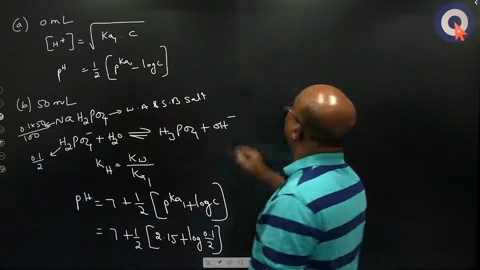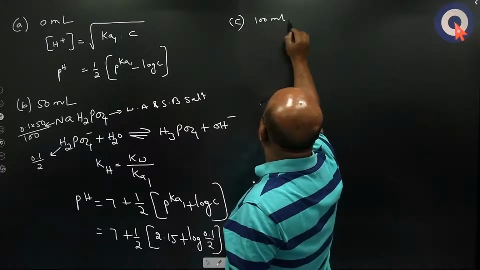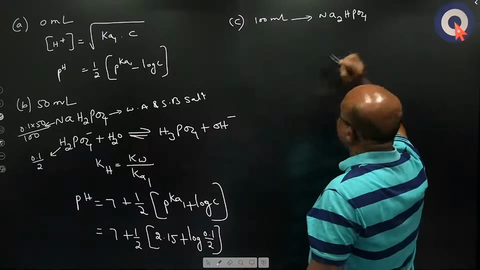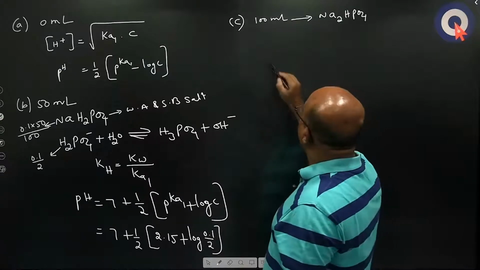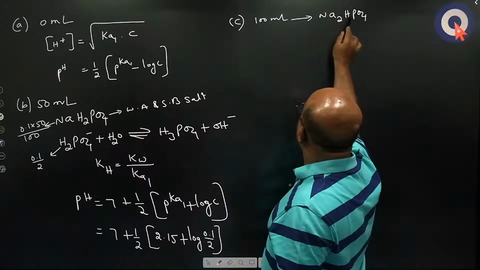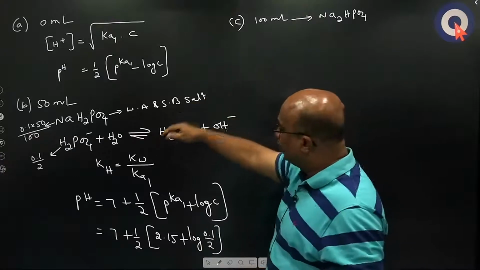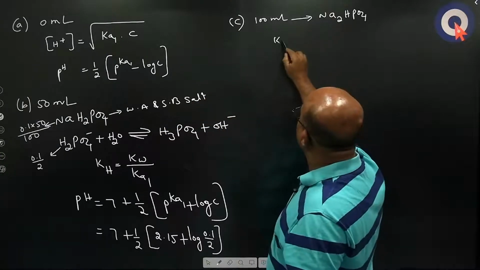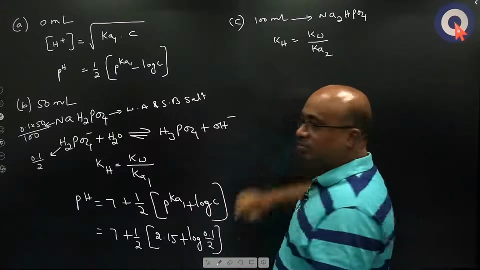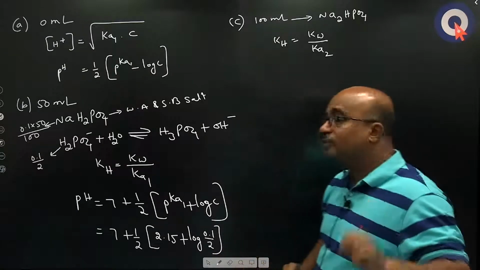And second, for the 100 ml case, we said it's nothing but Na2HPO4. As this is hydrolyzing again, but now it is the second ion, KH for this hydrolysis will be nothing but Kw by Ka2, because here HPO4 2 minus is undergoing hydrolysis.